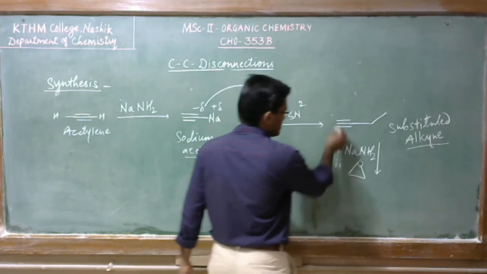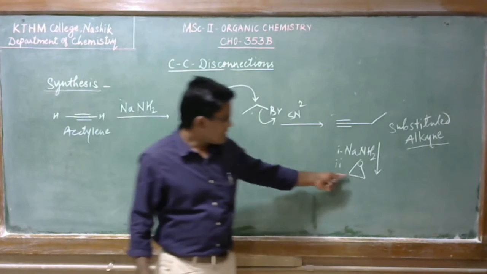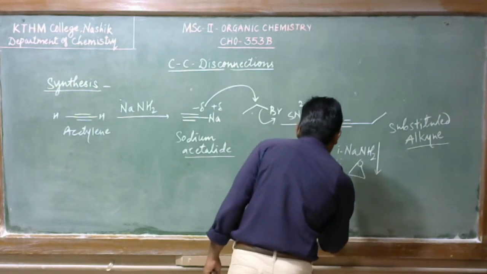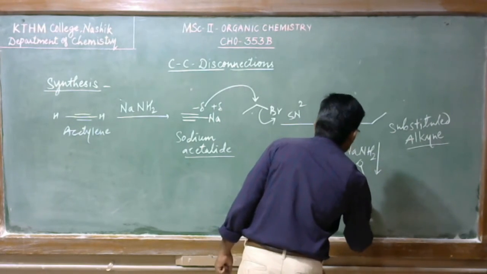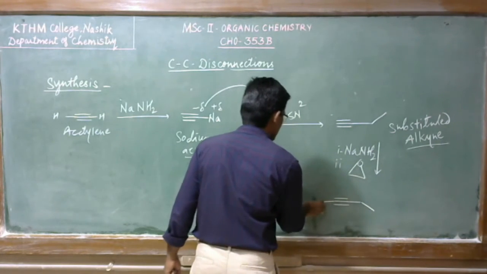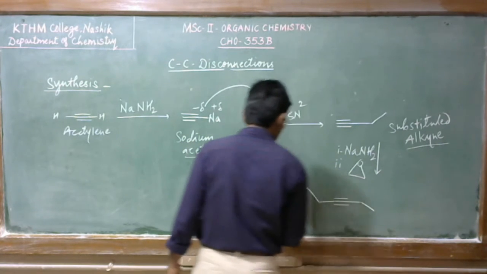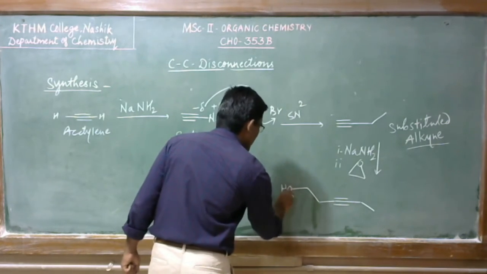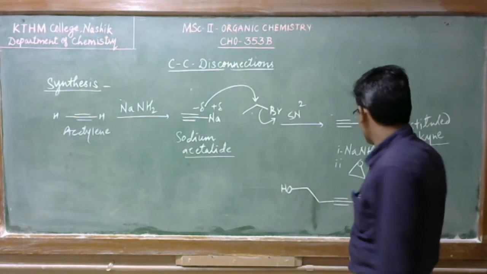Again the sodium amide will extract the proton and the acetylide will attack at this carbon atom. So we will get this product, which is the alkyne.